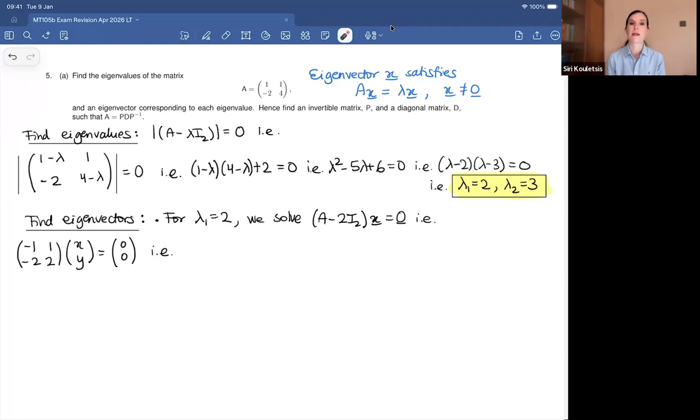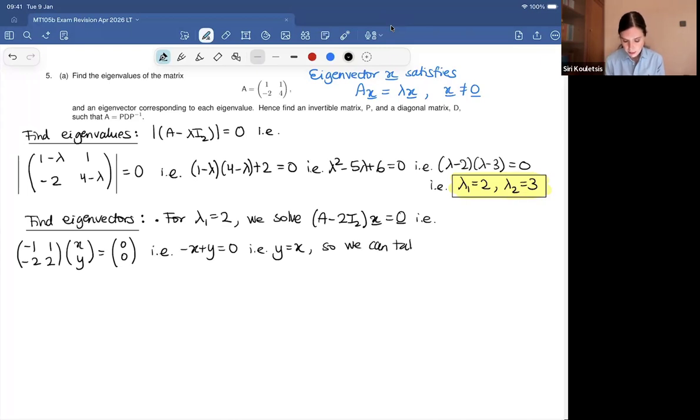And so one of these equations is redundant. If we put this into an augmented matrix and row reduce, the second row will become all zeros. And that means that we can drop one of the equations and just keep one. So minus x plus y equals 0. It's the same as saying that y equals x.